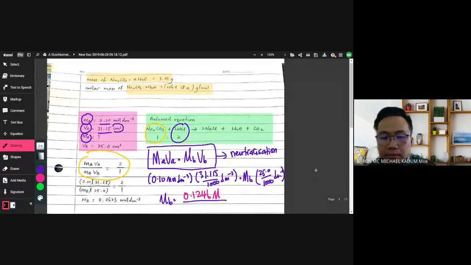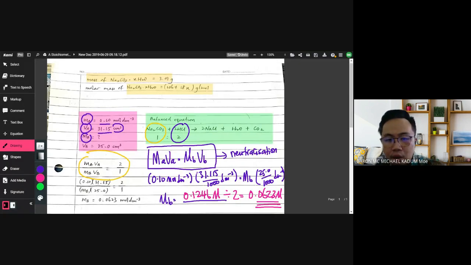Sebab dia memerlukan 2 mol of HCl kan. So ini sebenarnya kita perlu bahagi 2 lagi dan kamu akan dapat 0.0623 molar.